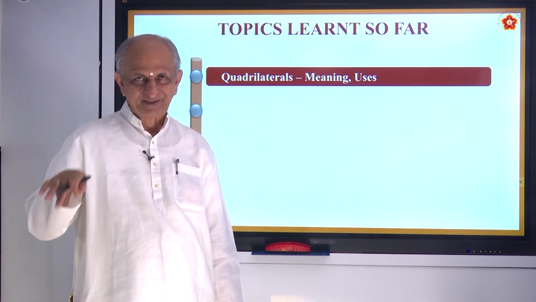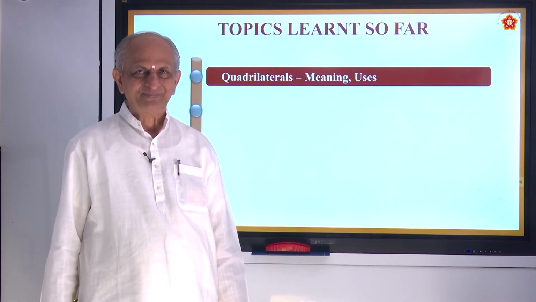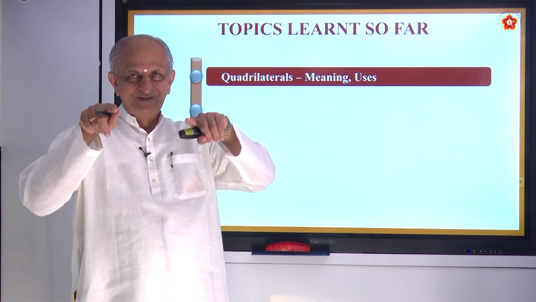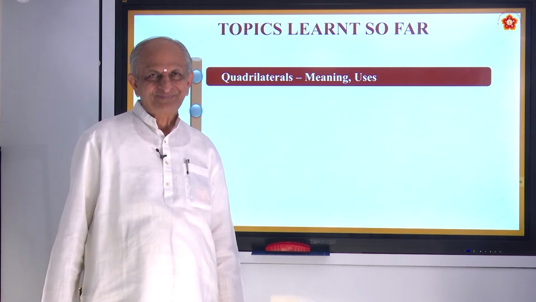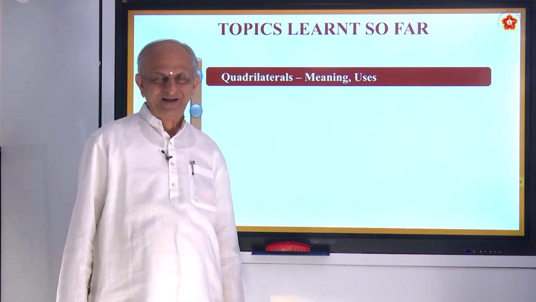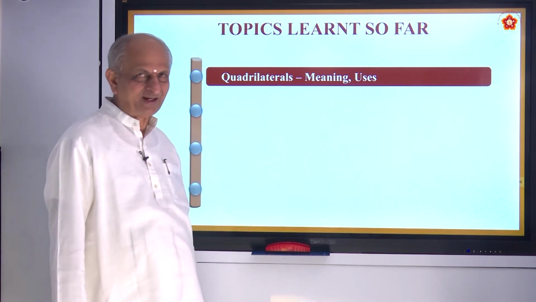The top surface is a rectangle. So, that is a quadrilateral. And yesterday I told you there is one Kaju Barfi. Its shape is diamond shape. It is a quadrilateral. Tiles of your house are quadrilaterals.